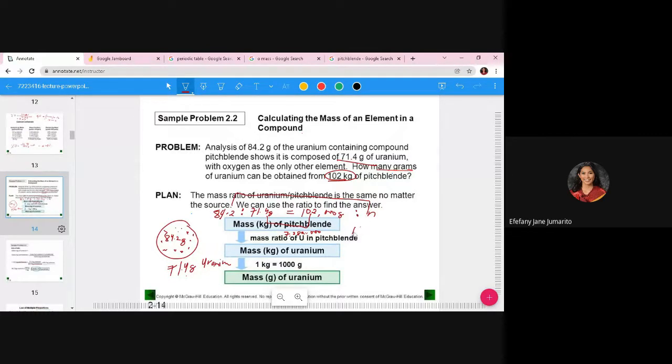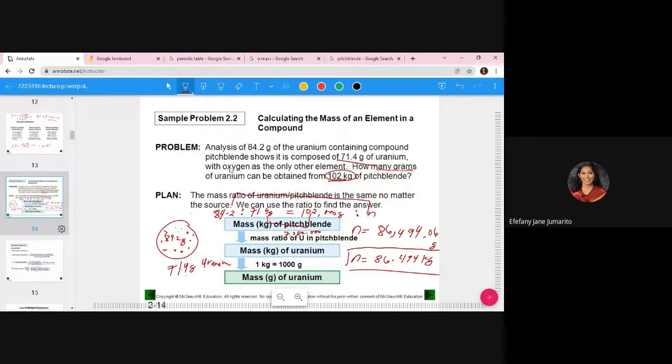So, imuhang N, which is the uranium, N is equal to 86,494 grams, or uranium is equal to 86.494 kilograms. So, mao na siya, no? If we will use ratio and proportion.